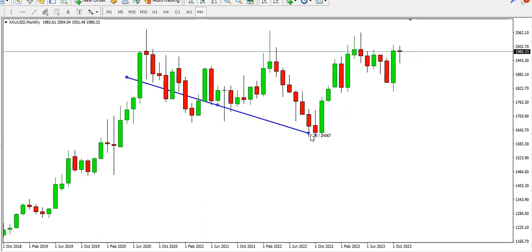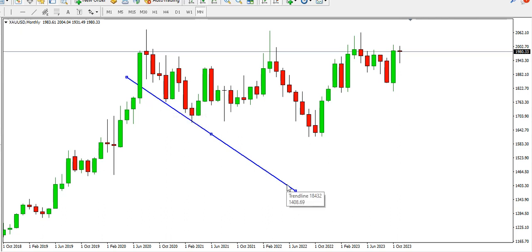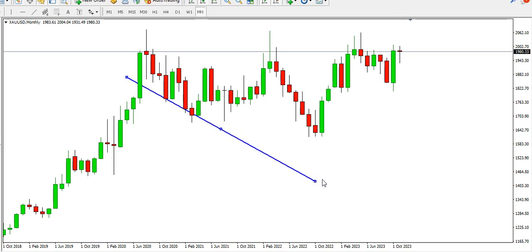But if it had happened somewhere around here, at the bottom or the lower side of a downtrend, then you can bet that price will definitely go up.